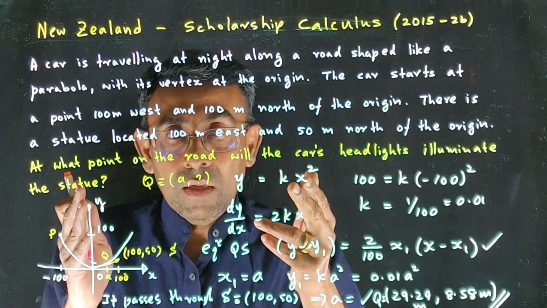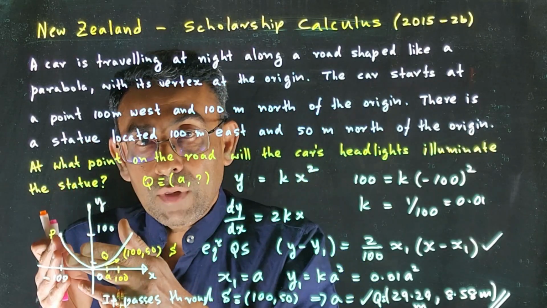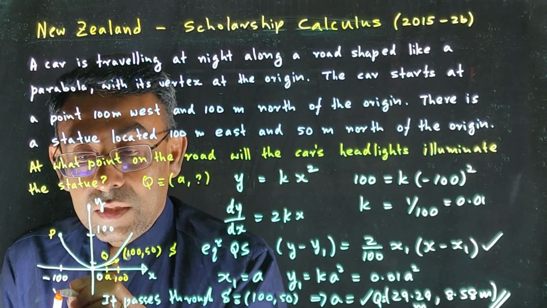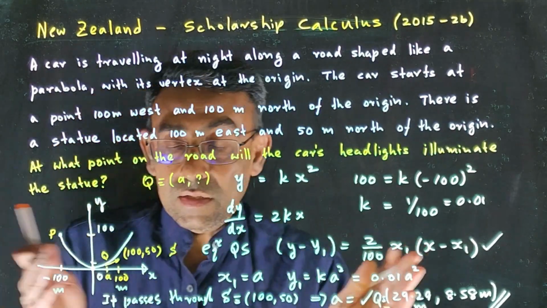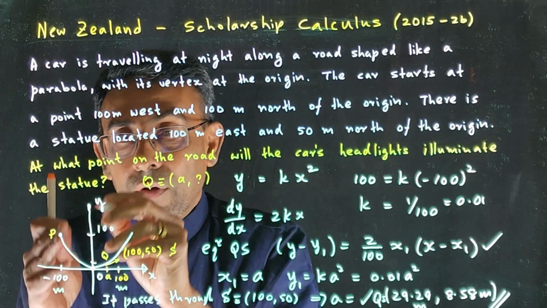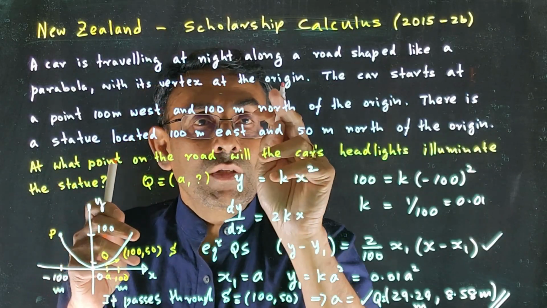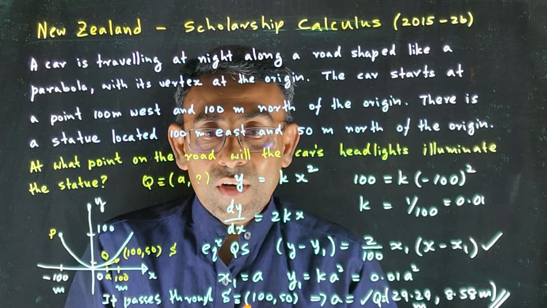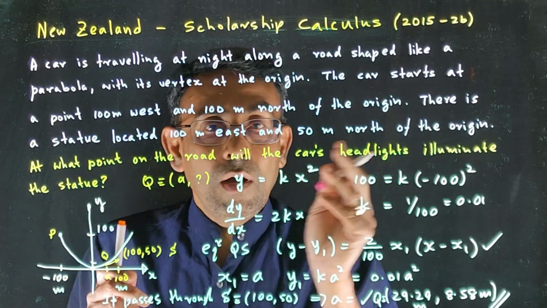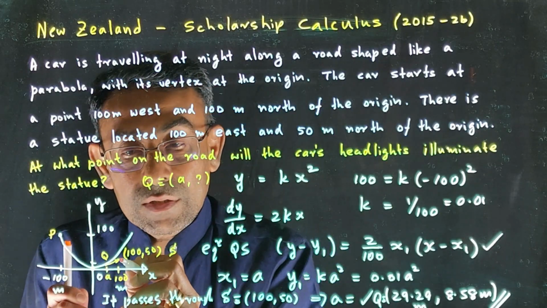You can start by thinking that the car starts at minus 100, 100 meters left, and 100 meters right is the other point. You put that point here, the starting point of the car, and then it travels on a parabola towards the origin. The vertex is at the origin, so it comes down here, goes past the origin and goes upward.